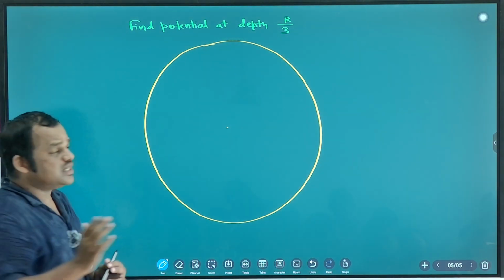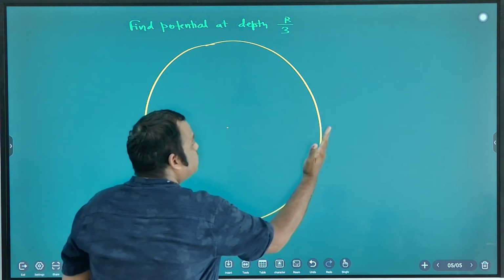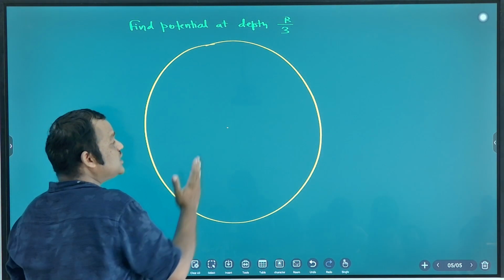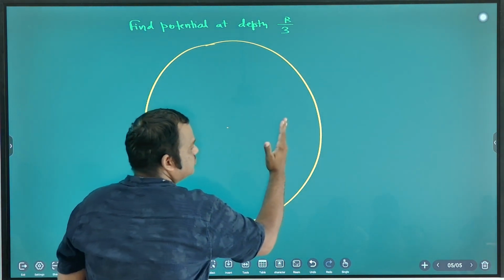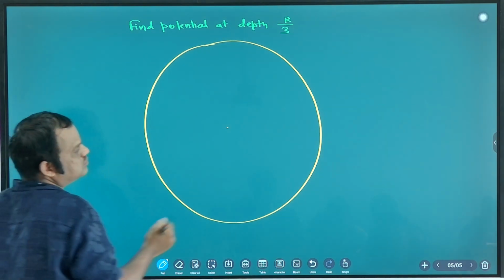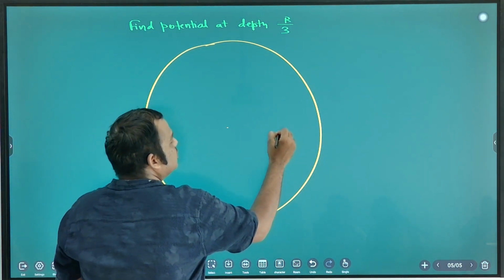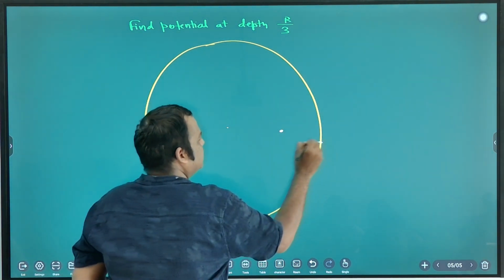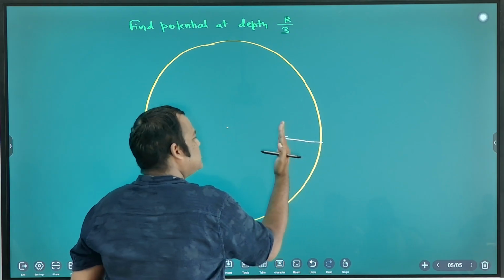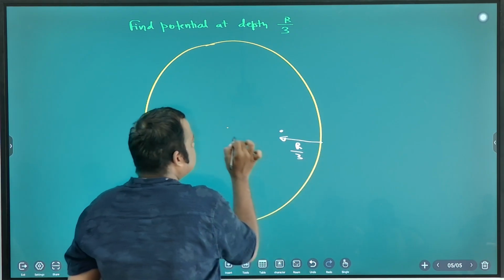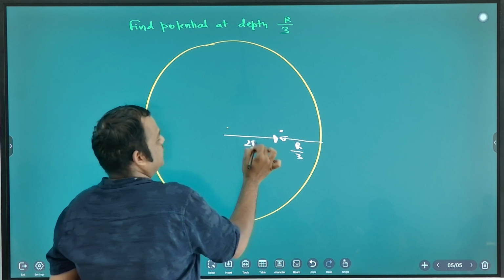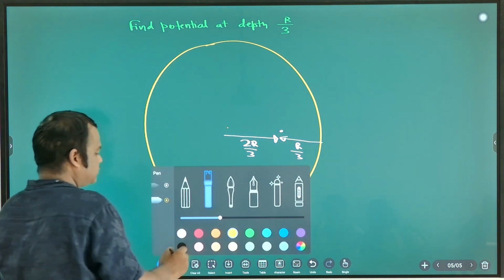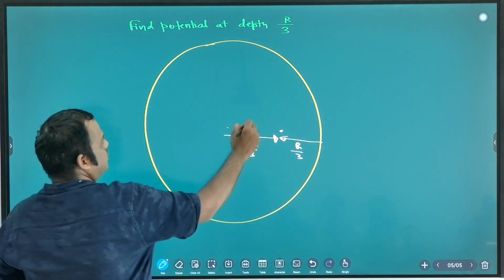Depth means distance from surface. So what is distance from center? How much? 2R by 3. Very good. So distance from surface is depth, and distance from center is 2R by 3. Note down. Okay, solve and tell me your answer.